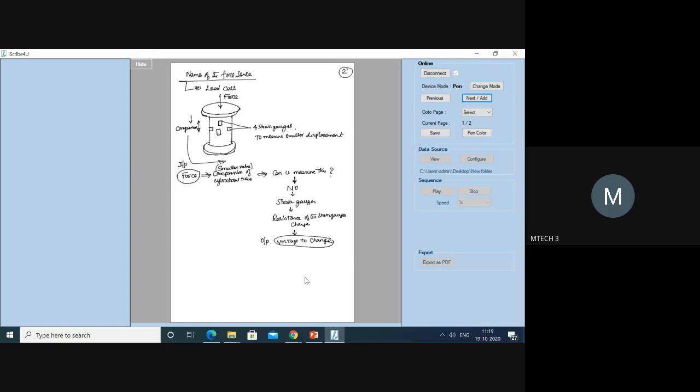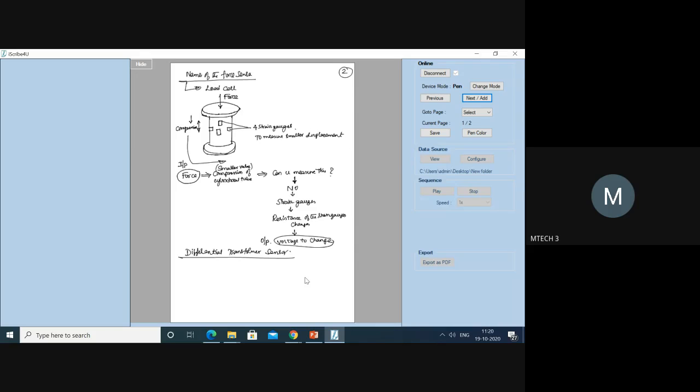Then we have another type of sensor. We'll go further with the differential transformer sensor.